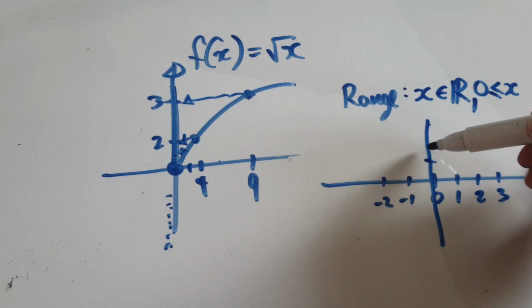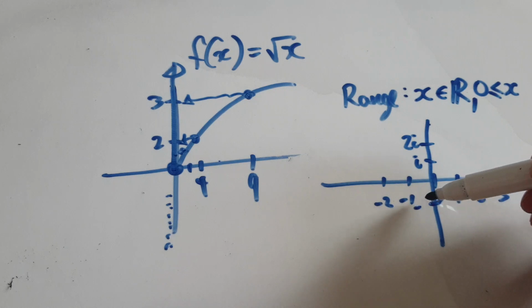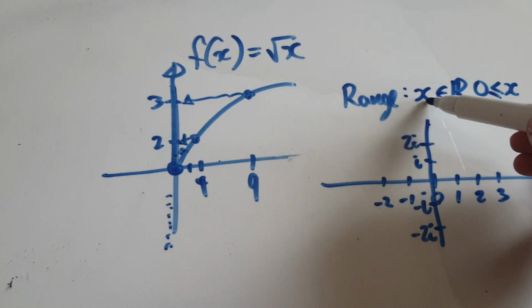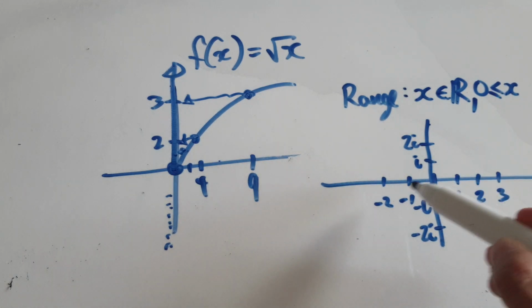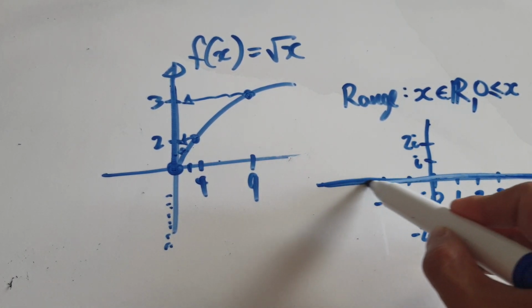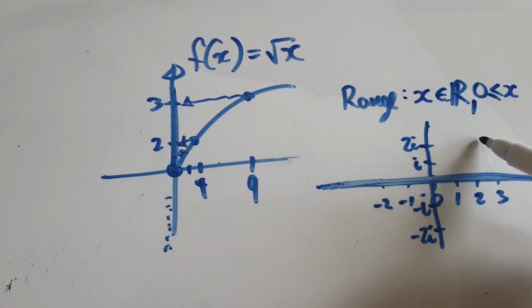So the number system looks like this: i, 2i, -i, -2i. So when I say x belongs to anything on the real number line, it's saying that what you put into the machine must lie within this line here. It cannot be a complex number.